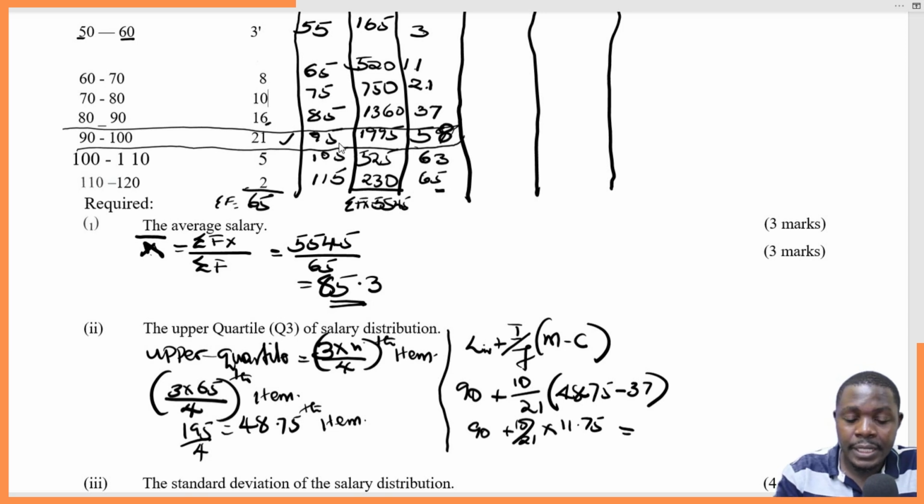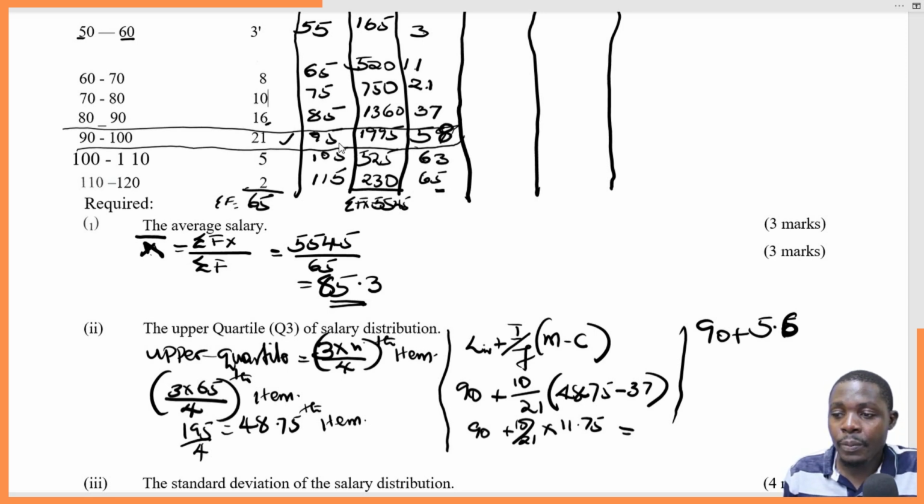You have 10 divided by 21, then we multiply by 11.75. In this case, you get 90 plus 5.595, which is 5.6 if you round off to 1 decimal point.